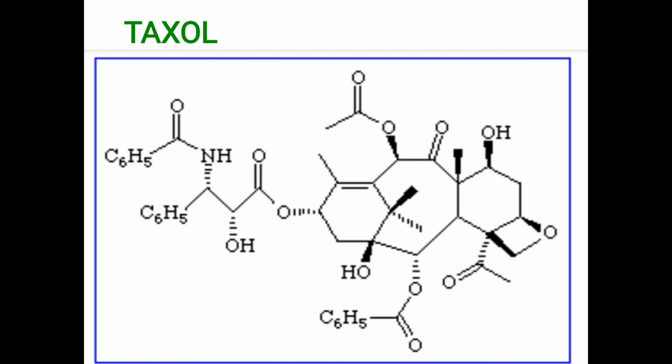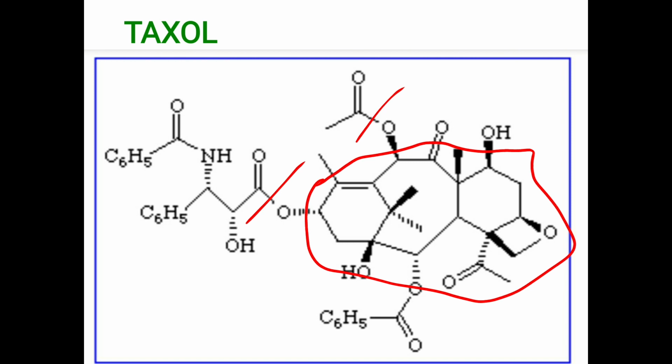On mild hydrolysis with methanol and hydrogen, it forms a tetrol, which contains the basic skeleton structure of Taxol and 4 hydroxy groups.